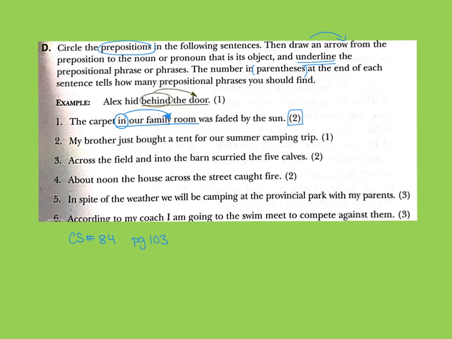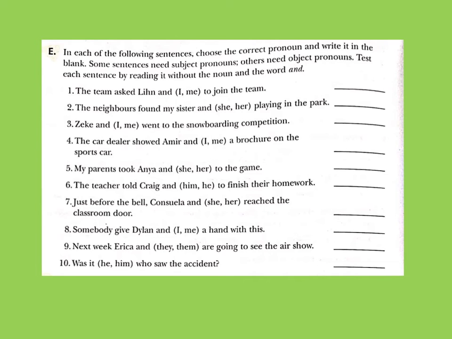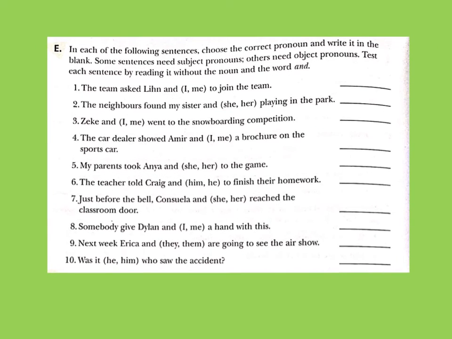In each of the following sentences, choose the correct pronoun and write it in the blank. Some sentences need subject pronouns and others need object pronouns. Test each sentence by reading it without the noun and the word and. So, for example, the team asked Lynn and either I or me to join the team.